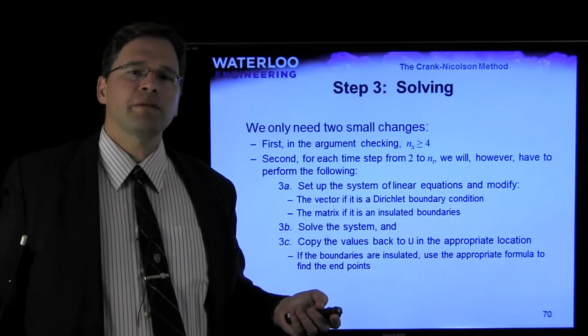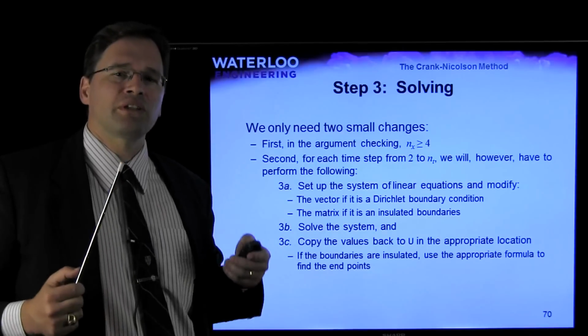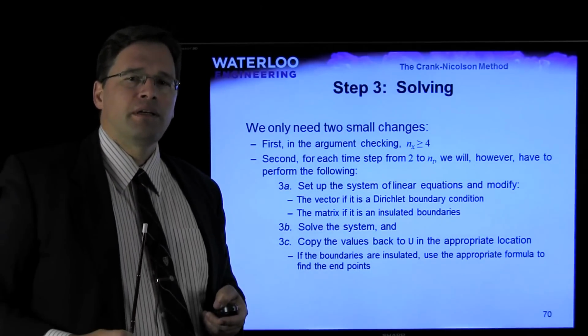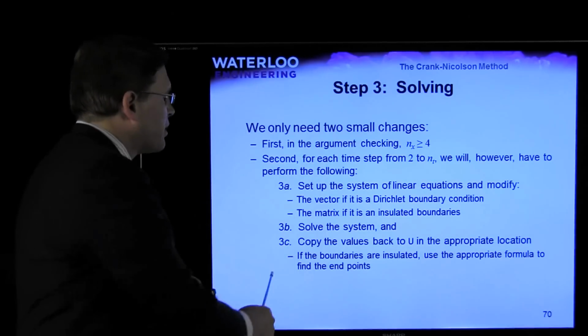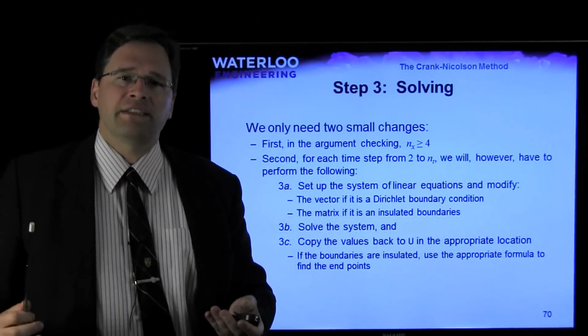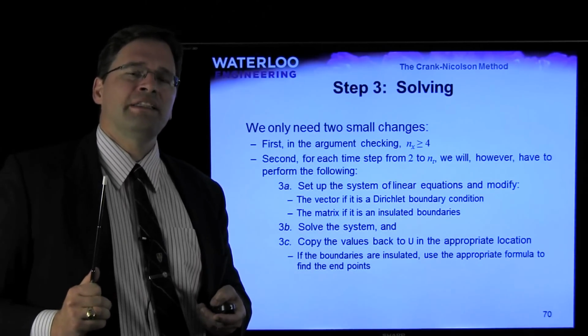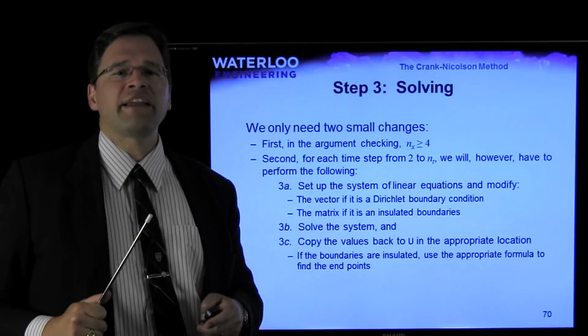Then we just solve the system and substitute those n_x minus 2 values back into the solution matrix U into the appropriate column. There's only one last thing we have to check. If one of the endpoints, or both, were insulated, then we have to use a linear combination of the next two interior points to approximate the value right at that insulated boundary.